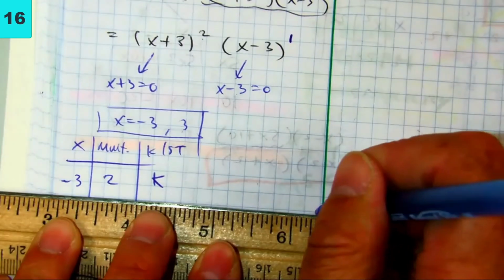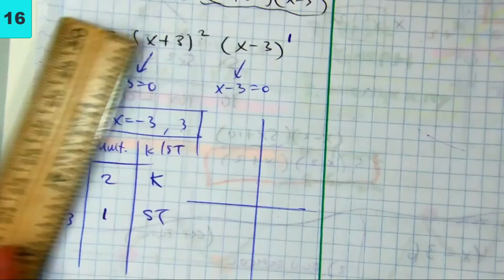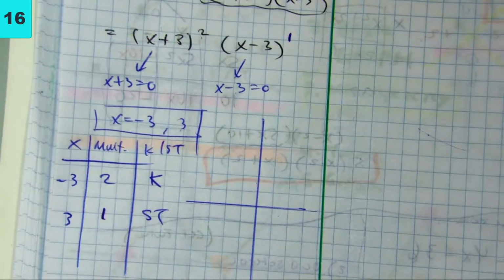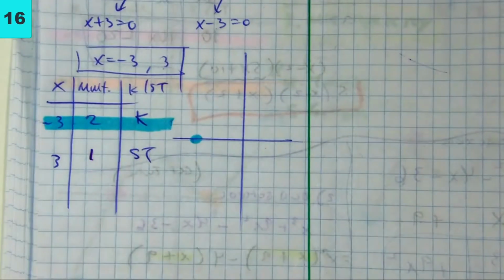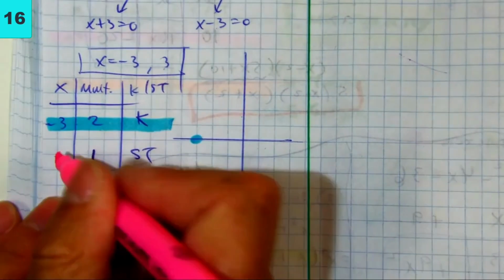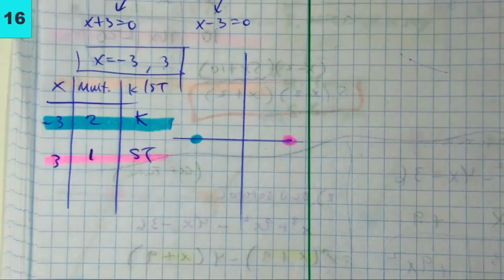Let's go ahead and draw a graph. So here is x equals -3. Let's go ahead and now in pink here, positive 3.